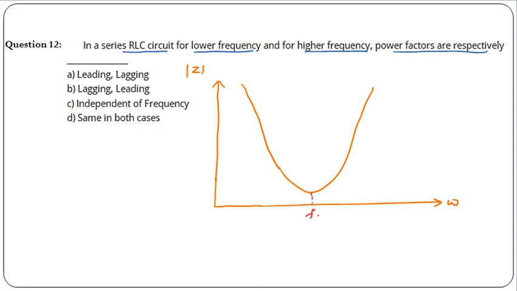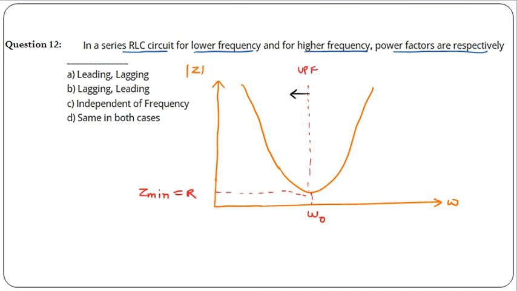At this frequency, that is at f naught, or at omega naught, the impedance is minimum, and the minimum impedance value is given by R. Okay, and this is UPF, that is unity power factor.